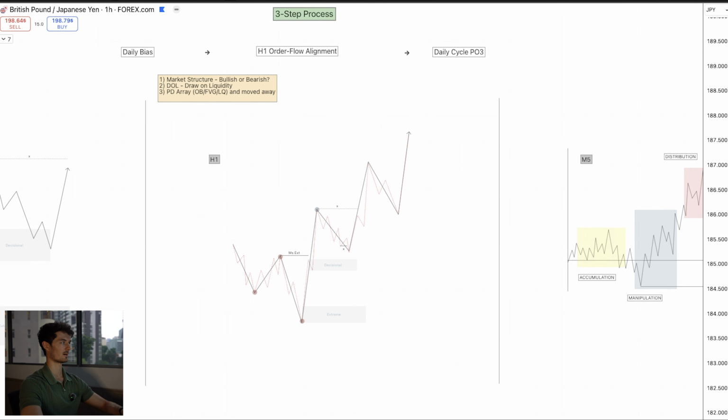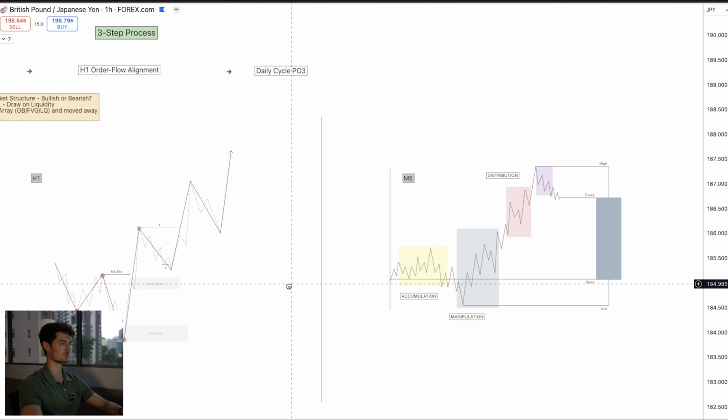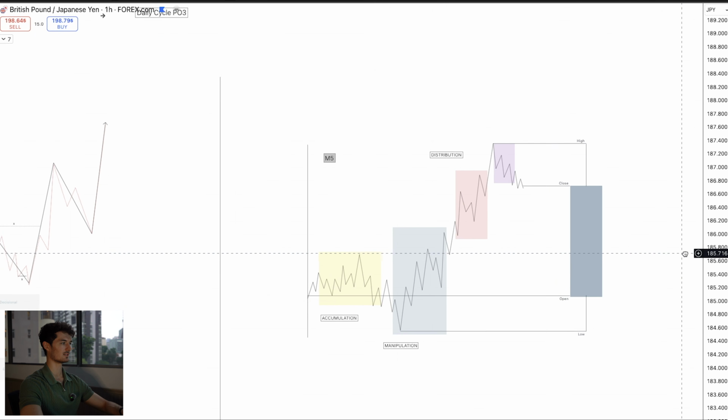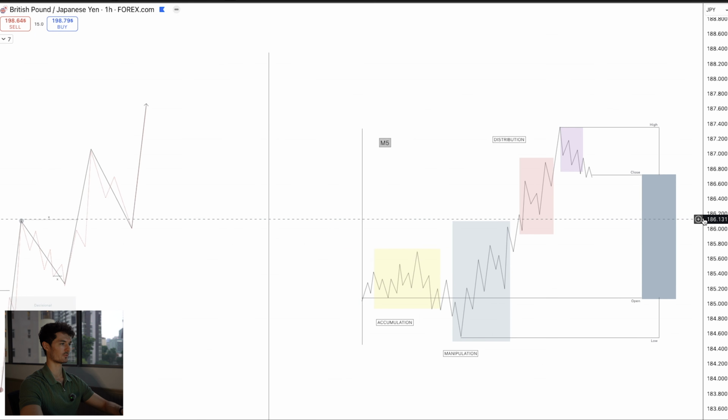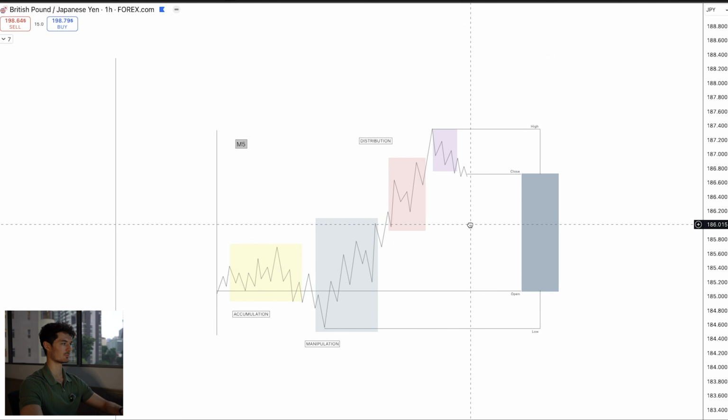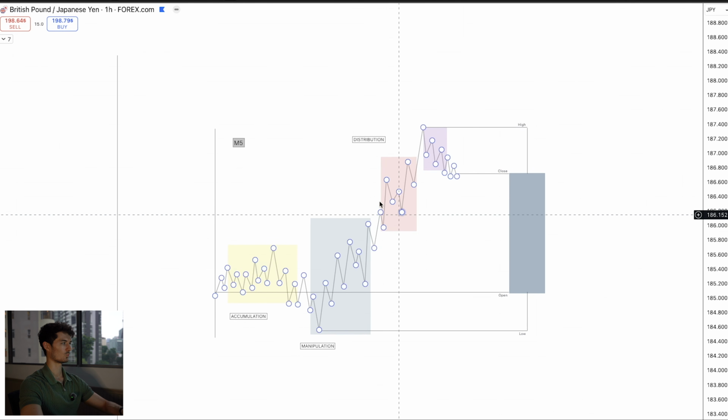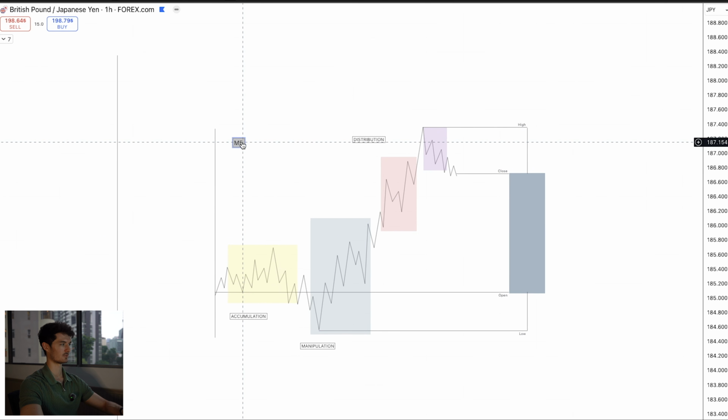Okay, so that's that. Then what we come down to is the daily cycle power of 3, which of course is an ICT principle. We've come back to the M5 time frame in this case. Now, in order to understand the power of 3, you've got to look at how a daily candle forms. On a bullish day, we have the opening price.